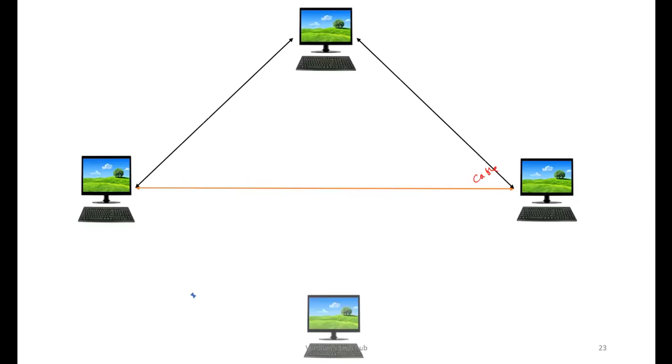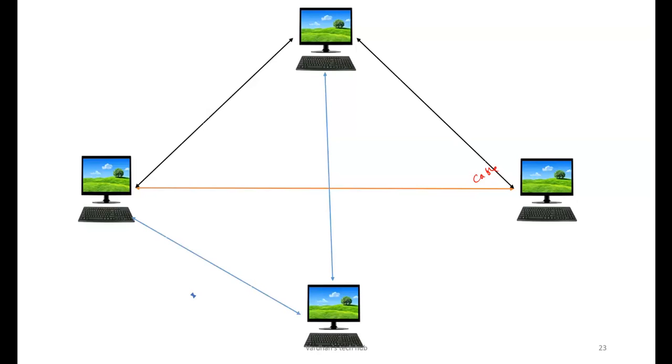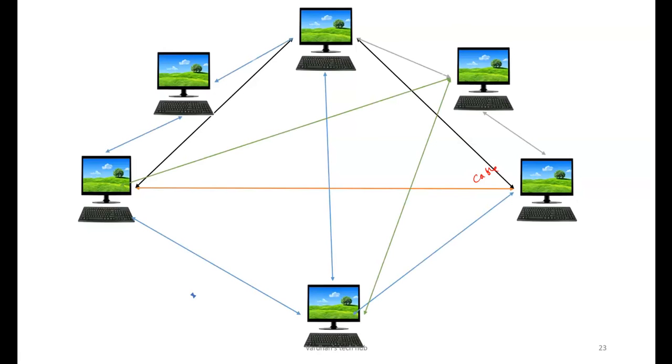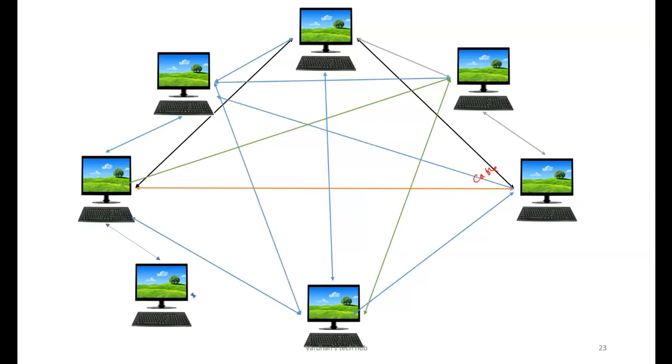One more computer is there, and again we have to connect it to all the computers, like this. Again we have one more computer, and it is connected to all the other available computers. So if the number of computers is increasing, the number of cables is also increasing.